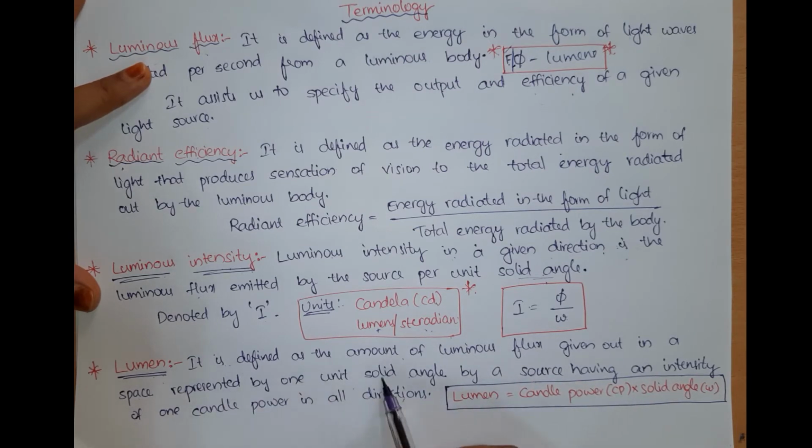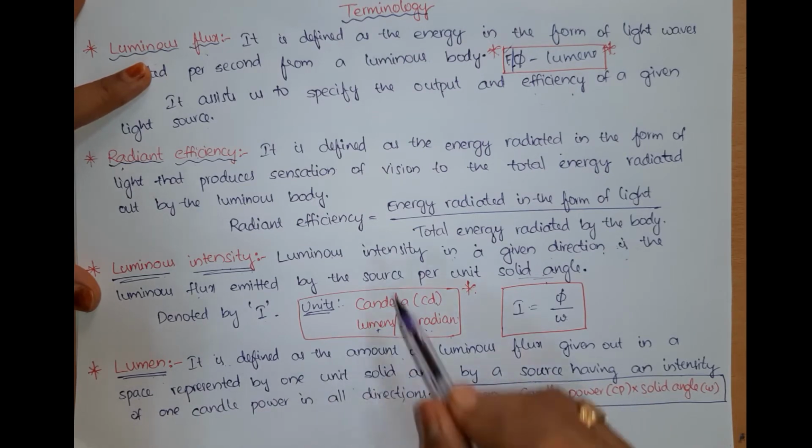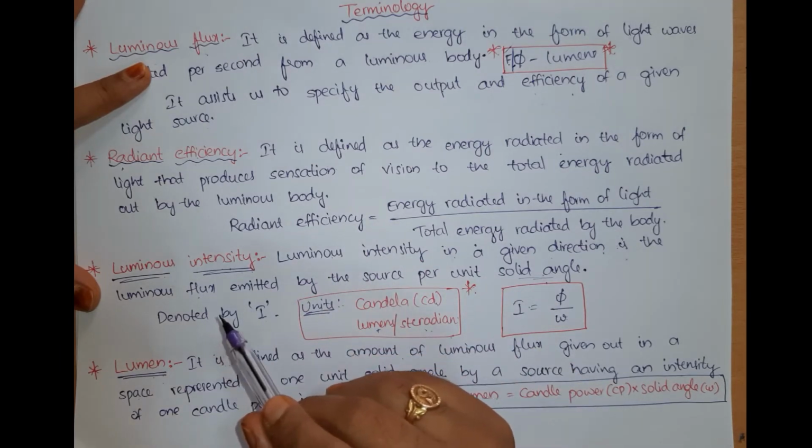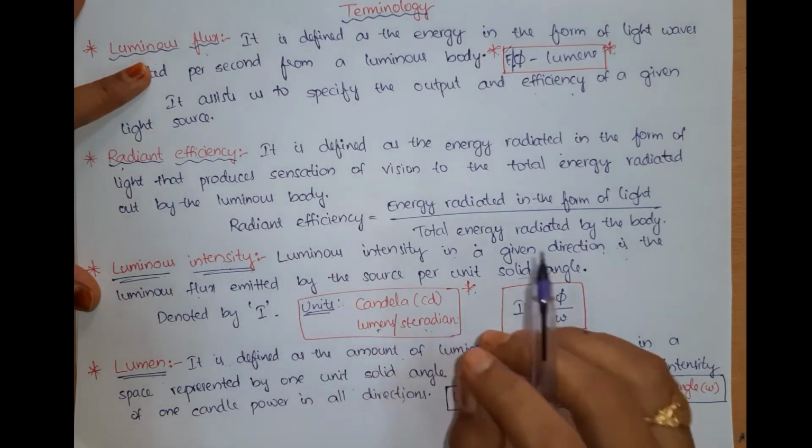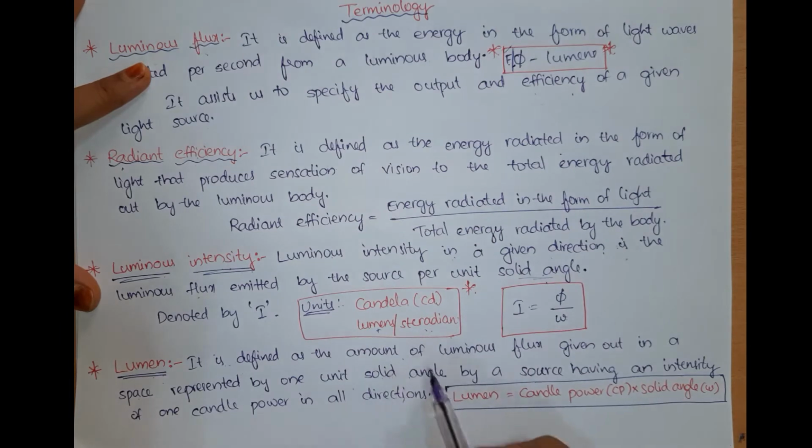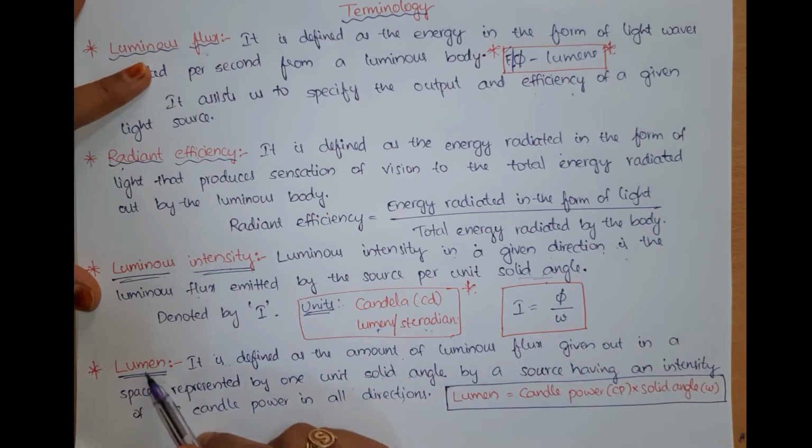See, per unit solid angle for how much area. Solid angle is nothing but the angle subtended by a particular area. So for that particular area, that is 1 solid angle area, how much luminous flux is emitted, that is nothing but called a lumen.